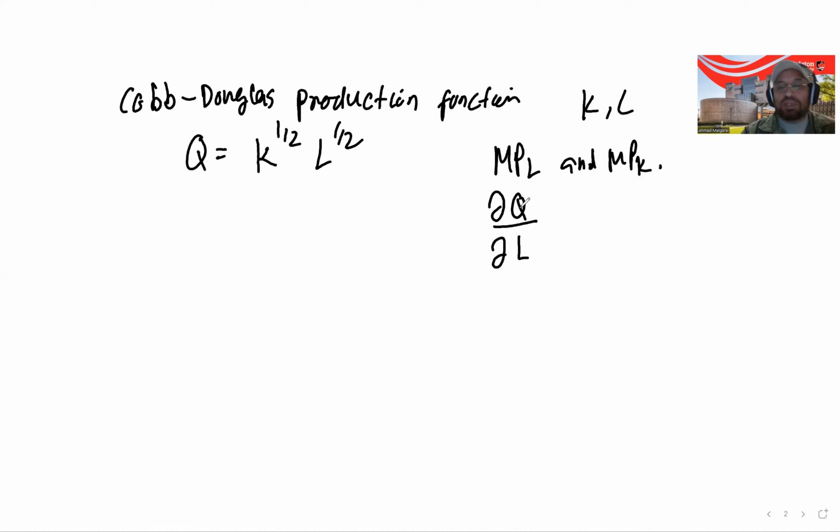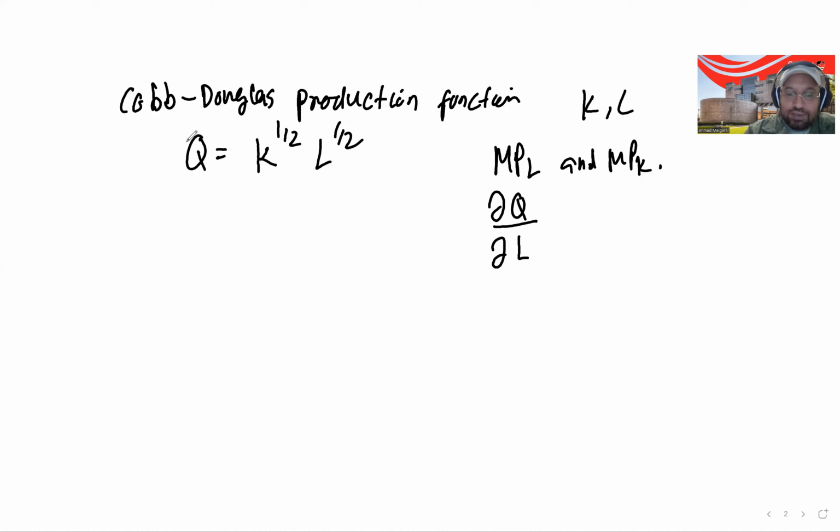Again, the question was, mathematically speaking, what is the marginal product of labor? The marginal product of labor is the partial derivative of a dependent variable with respect to an independent variable. And of course, in this function, you know that Q is dependent on K and L because the level of K and L determines what level of Q would be. So that's our function.